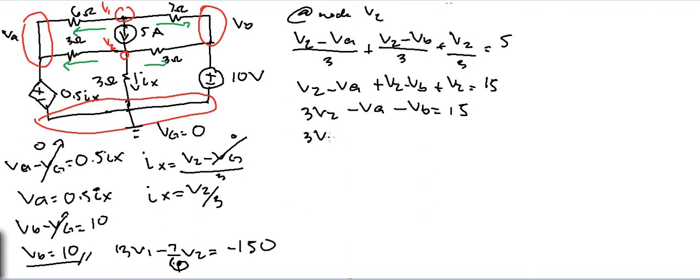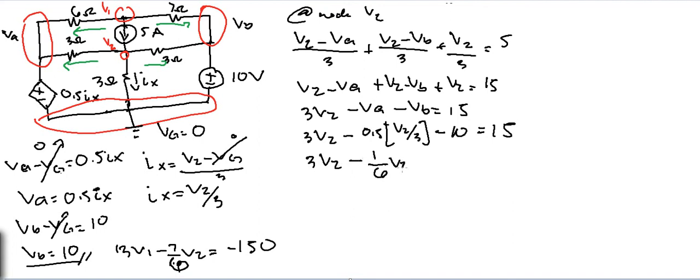Now, 3V2 and also VA, which is 0.5 IX or V2 over 3, so VA is 1/2 of V2 over 3, minus 10, because VB is 10, equals 15. Now, we have 3V2 minus 1 over 6 V2 is equal to 15 plus 10.